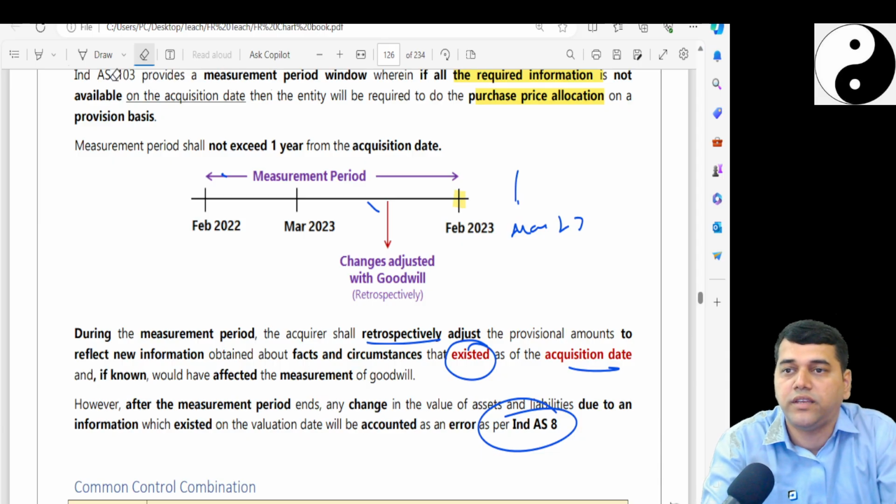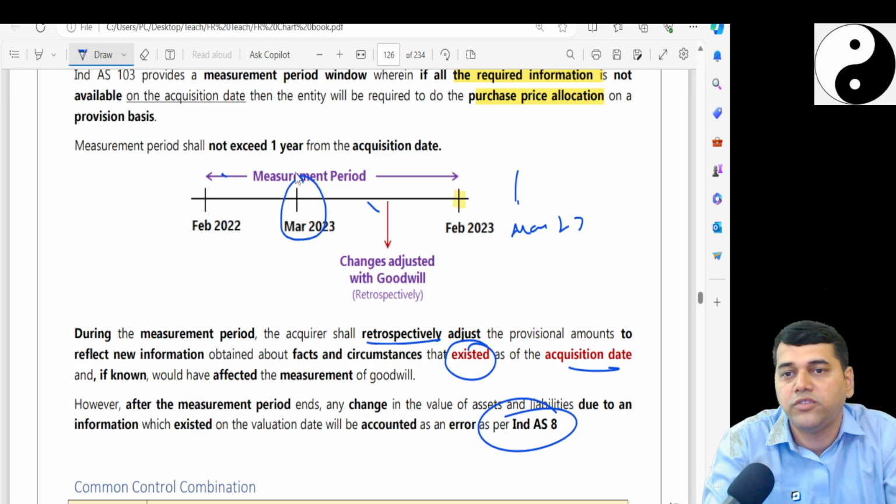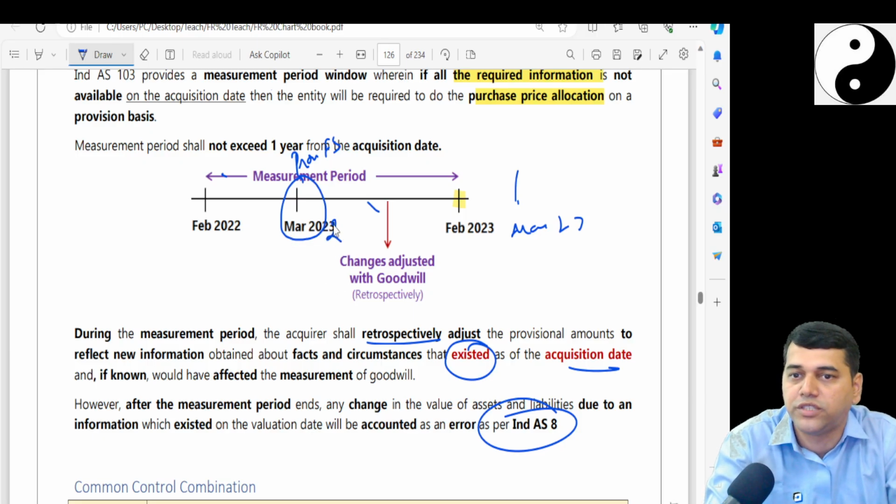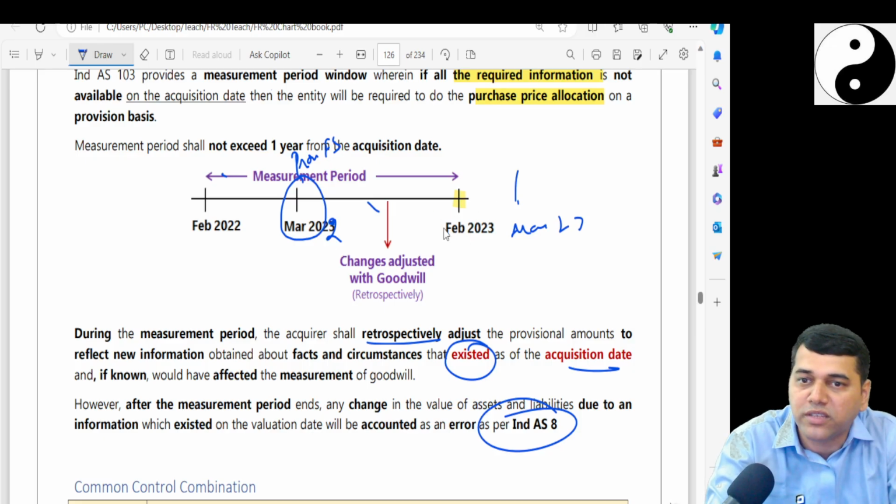See, now I have to prepare the financial statements here. This is called provisional financial statements. So on March 22, I have to make it on a provisional basis. Now, if I come to know something later, I will change the goodwill of March 22.